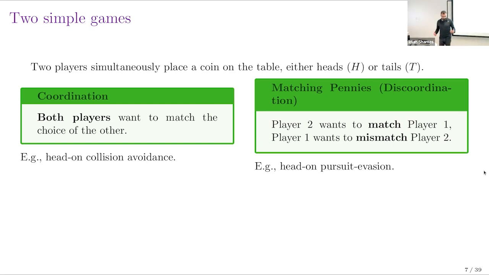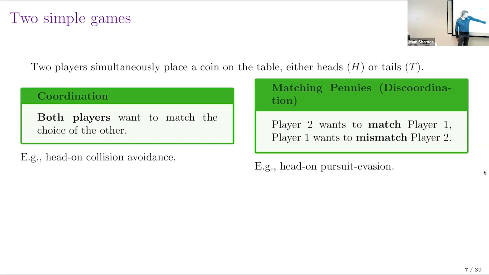In a pursuit evasion game, if you've heard of the homicidal chauffeur, you want to run over the other player. That's what it is. So if you are heading in the same direction, one of the players wants to turn right, and the other one, one of them wants to evade, the other one wants to intercept. So that's how you can think about it.